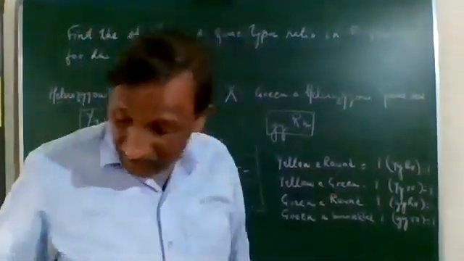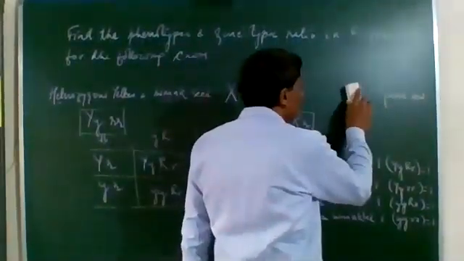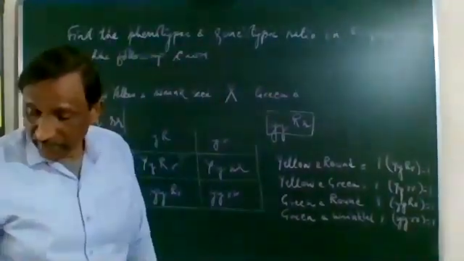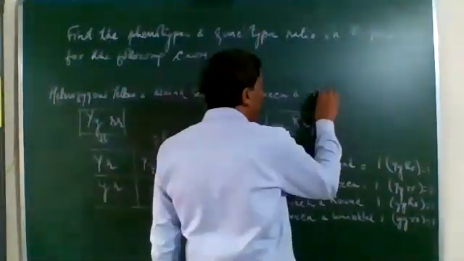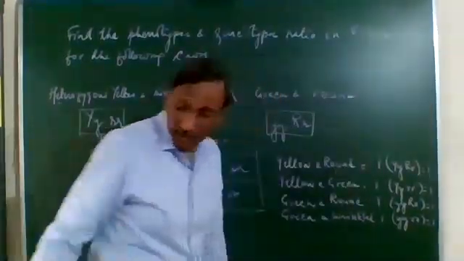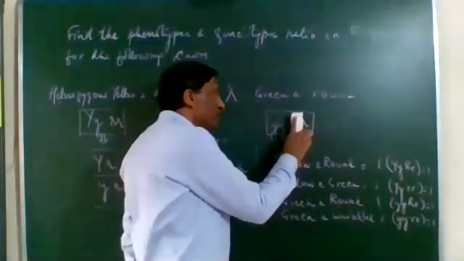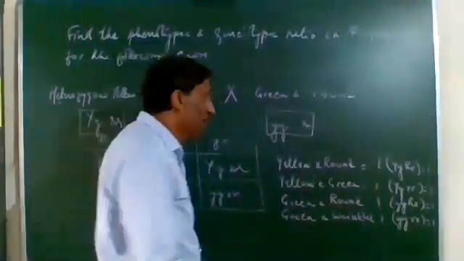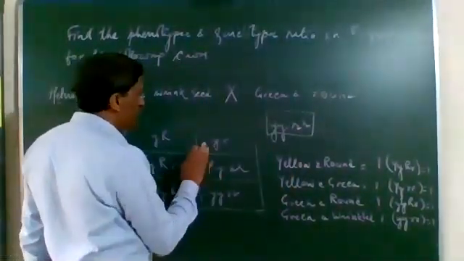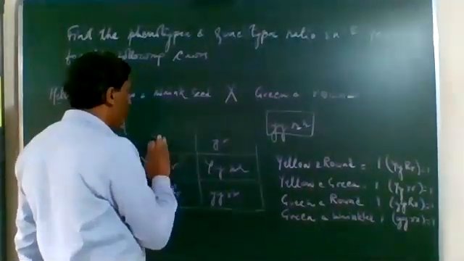Even if in place of this, I take a heterozygous one, the result would have been different. If I take it wrong, what would the result be? This one will also become small. From here, only one type of gamete always comes, okay?